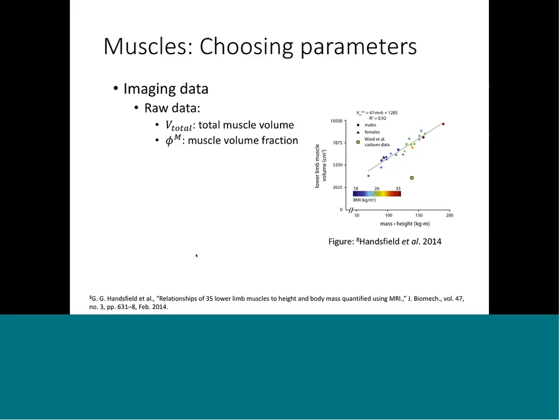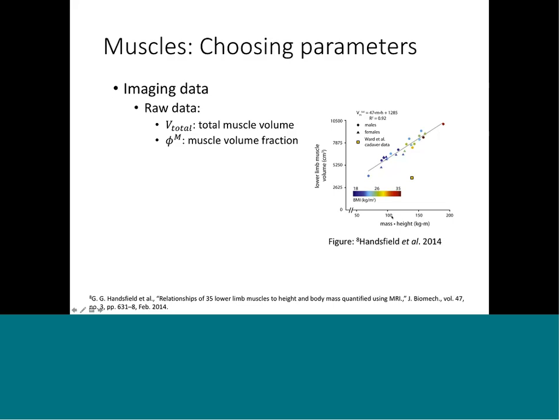Finally, the last parameter I'm going to talk about is how to choose optimal muscle fiber force. To do this for our lower extremity model, we used MRI imaging data published by Jeff Hansfield et al. And they showed that total lower limb muscle volume here on the y-axis scales linearly with subject mass times height.